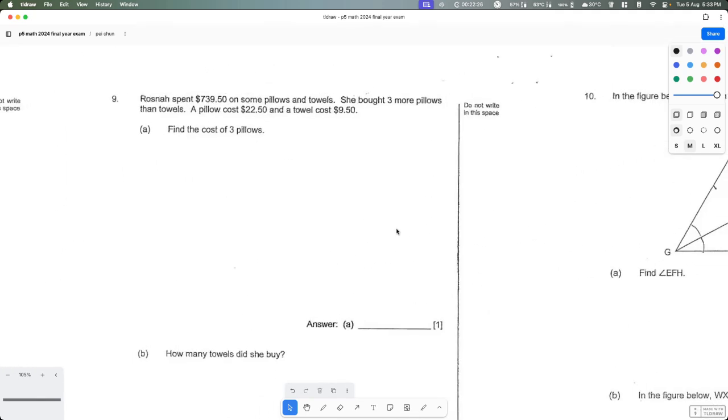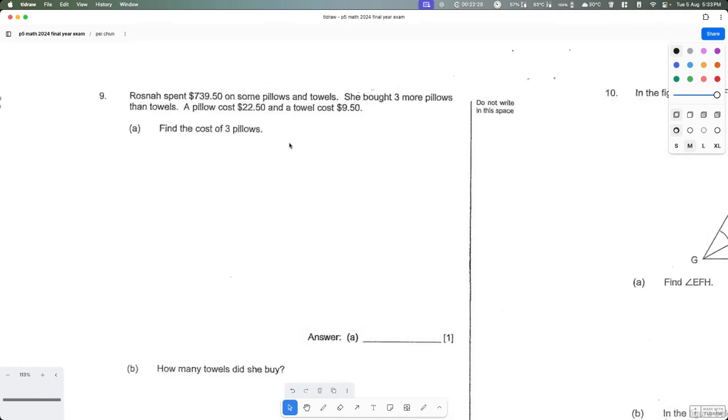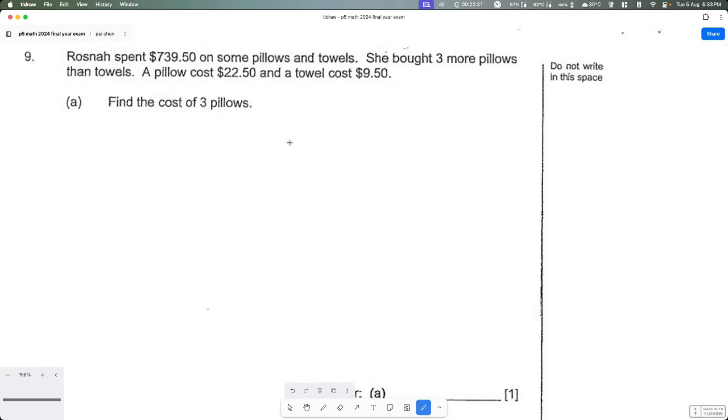Question number 9. Okay, so 9 part A, Rosna spent $739.50 on some pillows and towels. She bought 3 more pillows than towels. A pillow cost $22.50 and a towel cost $9.50. So find the cost of 3 pillows.